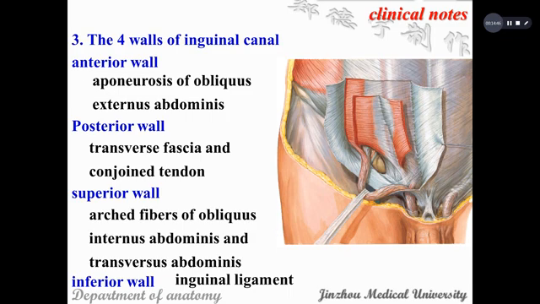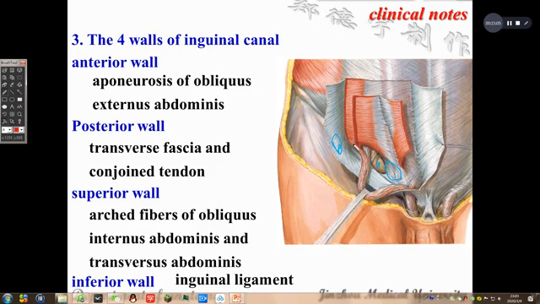The anterior wall is from the aponeurosis of the external oblique. The posterior wall is here, the transversalis fascia and the conjoined tendon. The superior wall is the free border of the internal oblique and the transversus abdominis.